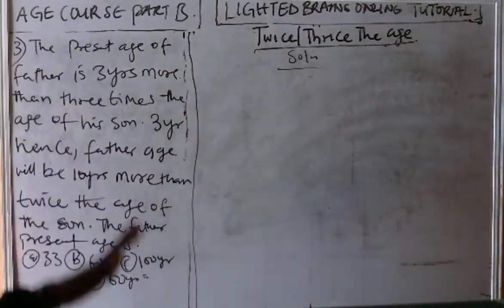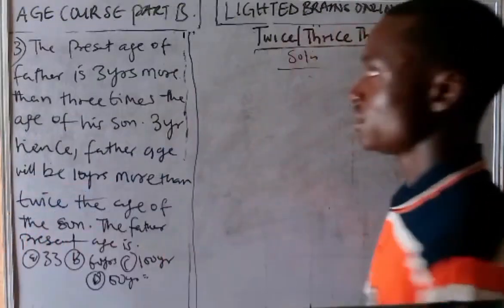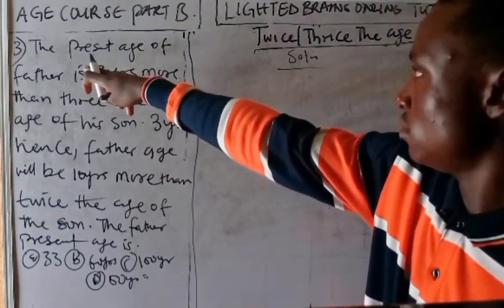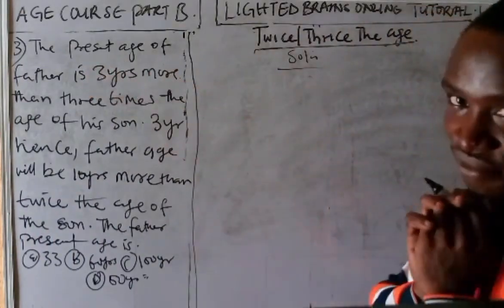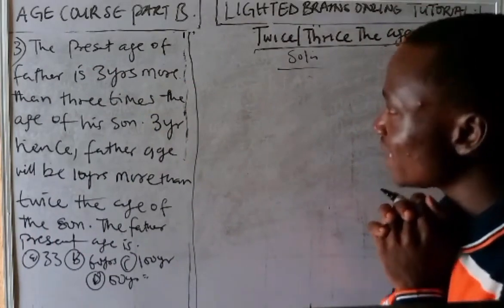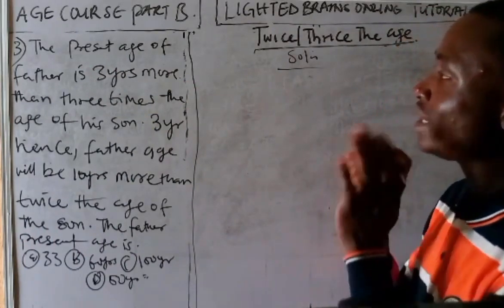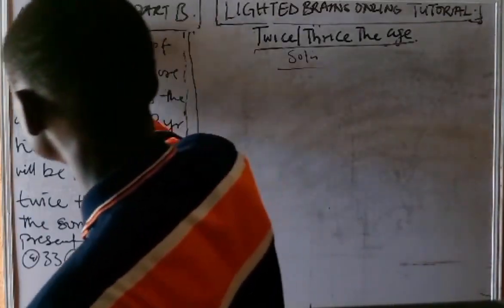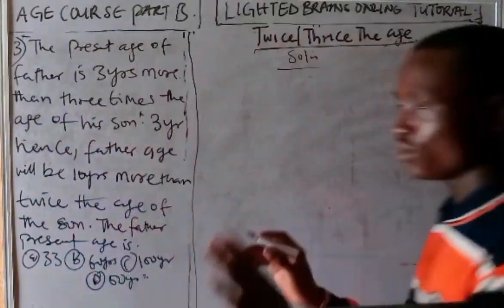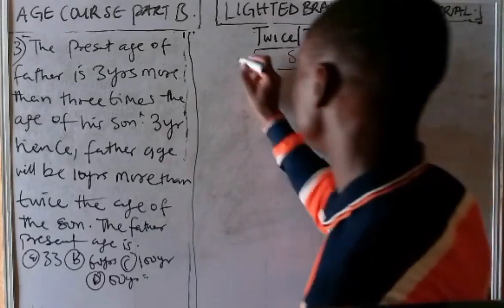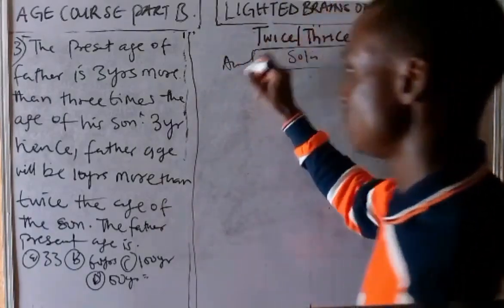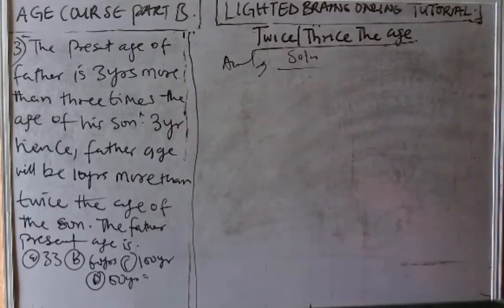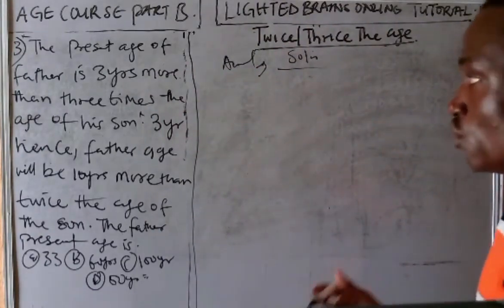The question said that the present age of father is 3 years more than 3 times the age of his son. First of all, let's analyze it.